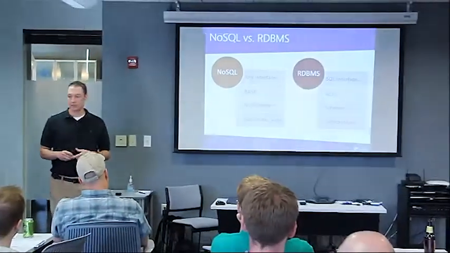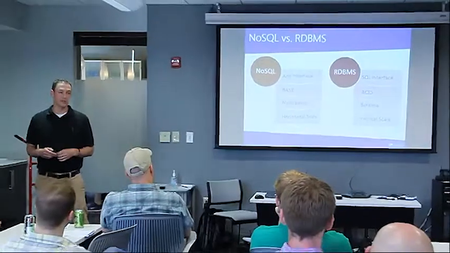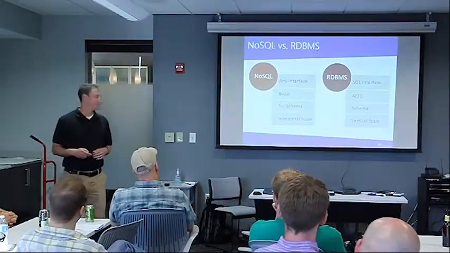NoSQL is BASE, and RDBMS is ACID, and we'll get into those acronyms in a minute here. NoSQL uses no schema or a very flexible schema, whereas an RDBMS, as I'm sure most of us know, has a rigid structured schema. NoSQL tends to generally scale horizontally, while the RDBMS is more of a vertical scale.